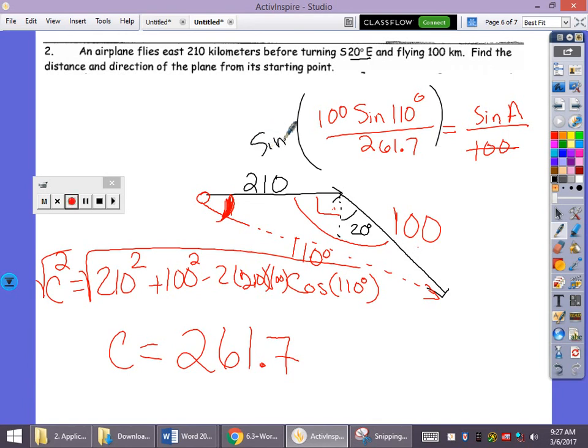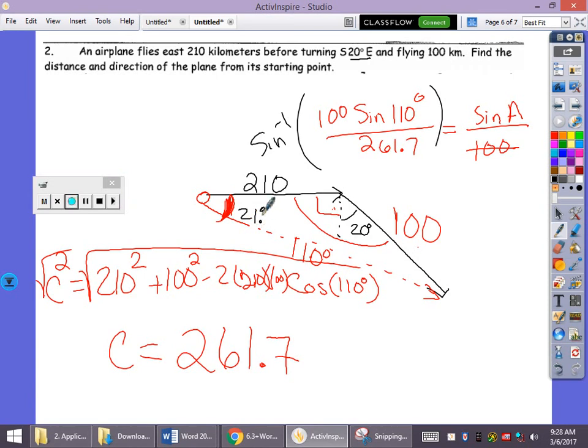Inverse sine. Type it all in the calculator, and the angle is going to be how big? You got 21.7.